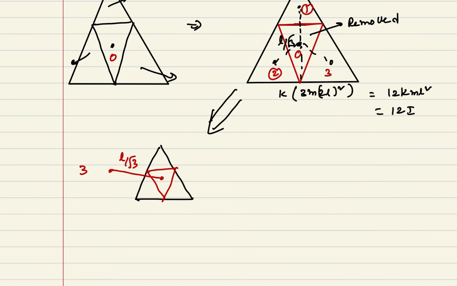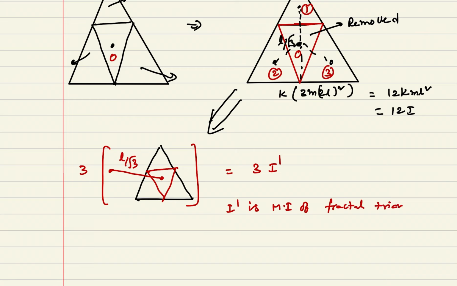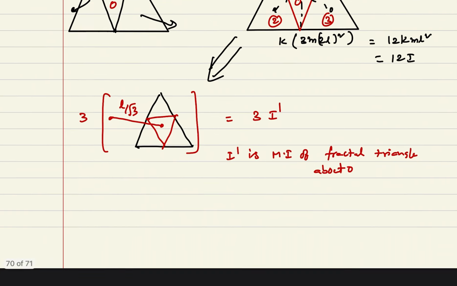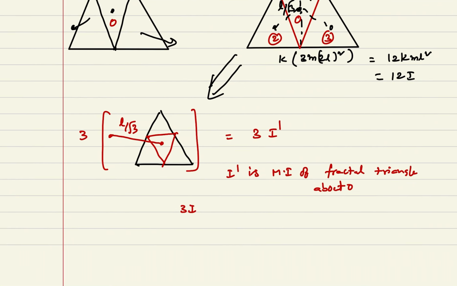This is like this, 3 triangles are there. Triangle 1, triangle 2, triangle 3. So this can be written as 3 times the I dash. What is I dash here? I dash is the moment of inertia of the fractal triangle about O. Okay, this 3I dash value is equal to 12 into I. If I write this value, I dash is equal to how much? 4I.